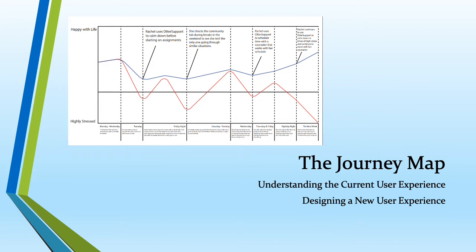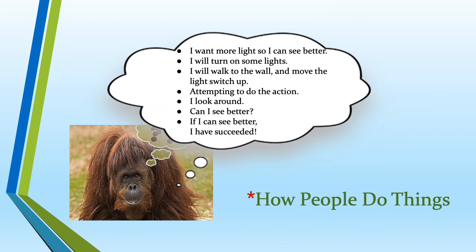We begin with the process of understanding the customer's experience with the problem, from awareness to action to reflection. Let's start with a simple example that will illustrate the method. Suppose our archetypal user is sitting in a room and decides that more light is needed. How might he or she proceed?